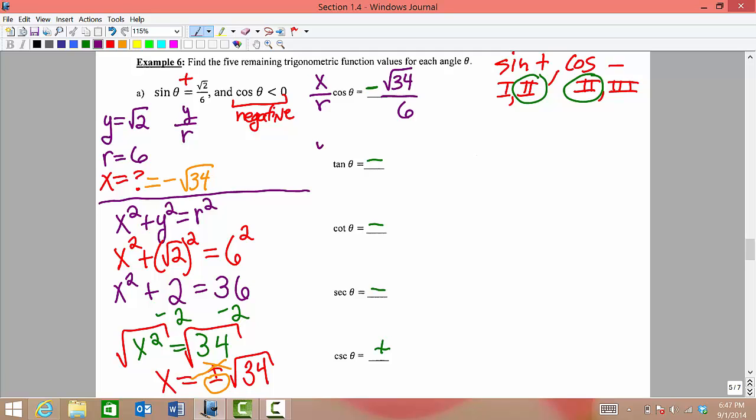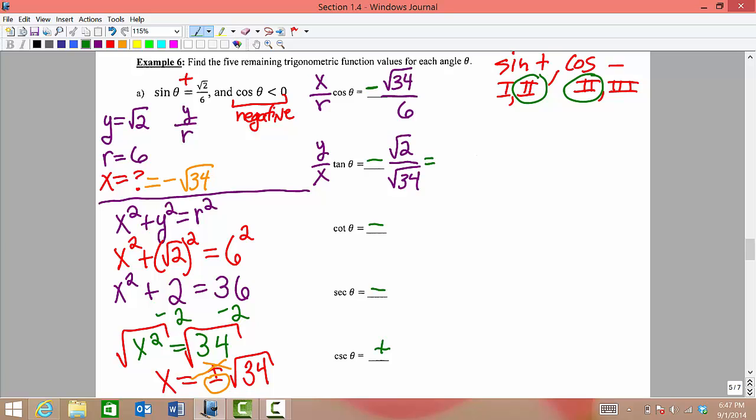Tangent theta, well, that is y divided by x. Our y value is the square root of 2, and our x value is the square root of 34. Now we need to simplify this and rationalize our answer as much as possible.